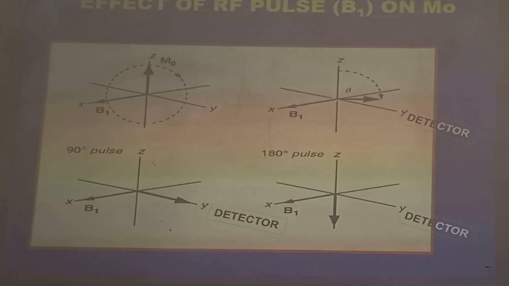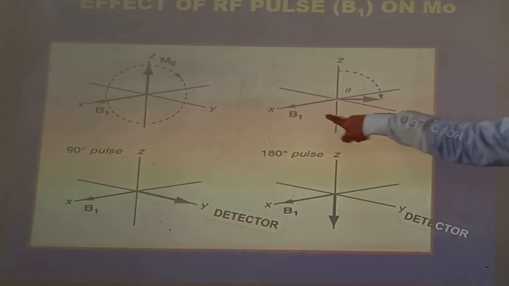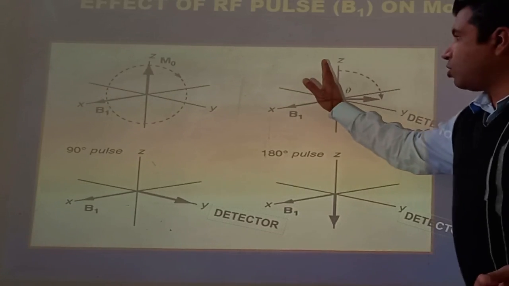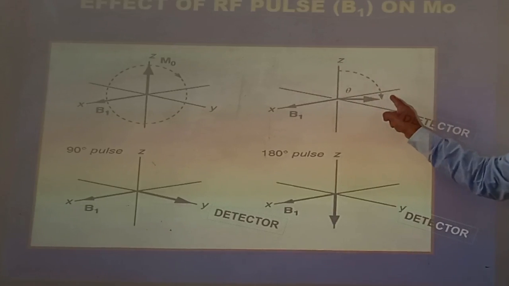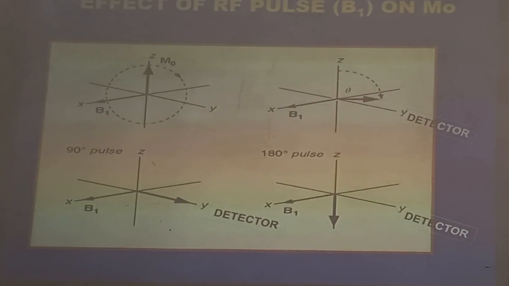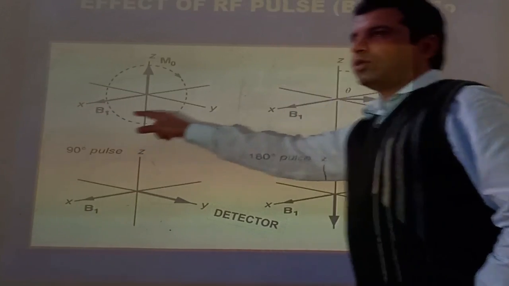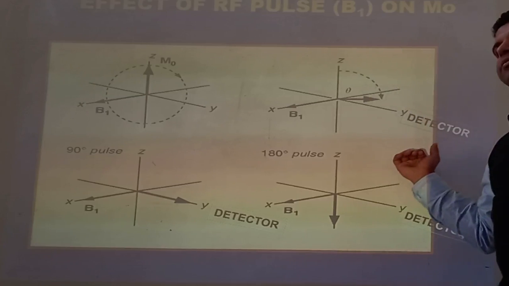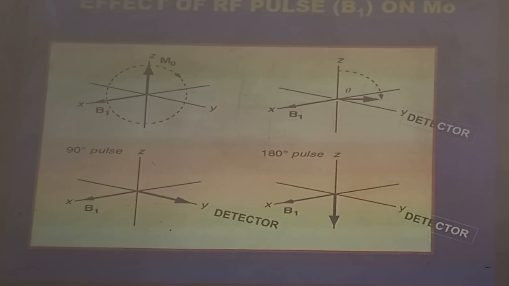Y-axis. M0 will move towards the y-axis according to this left-hand rule. You can see that M0 has moved away from the z-axis towards the y-axis. So we are giving a pulse in the plus x direction, and M0 moves away from the z-axis towards the plus y-axis.